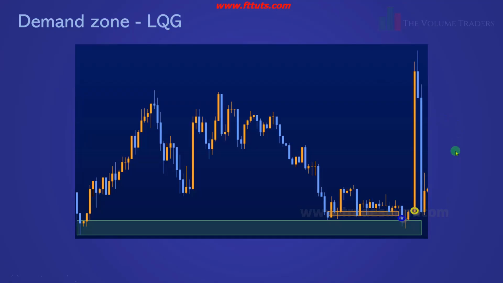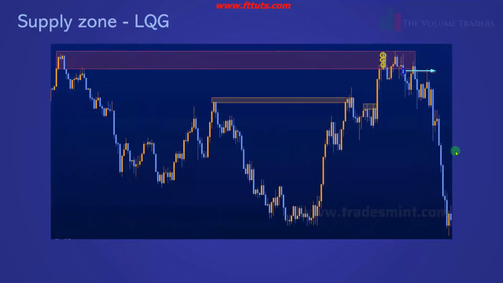And then some liquidity grabs to the supply zone are the opposite. Couldn't be different. Here in this scenario, there was a small, maybe not that clean resistance as equal highs, but here we have a very nice, good-looking double top.